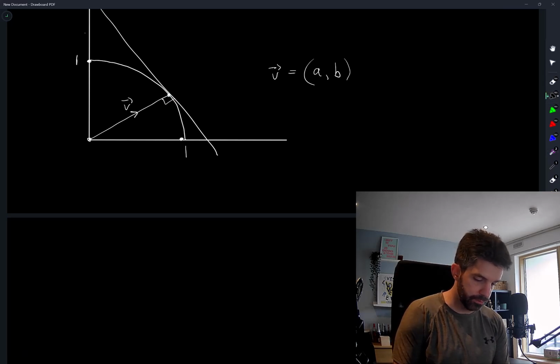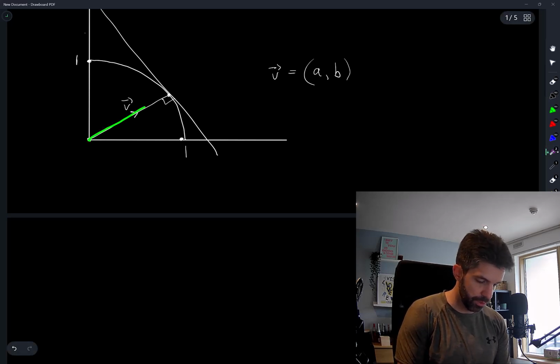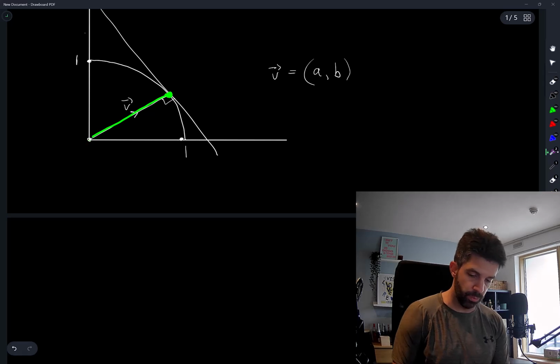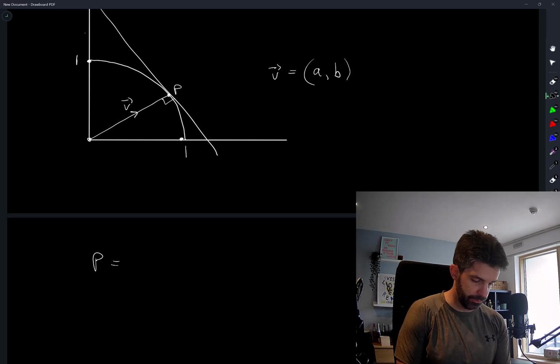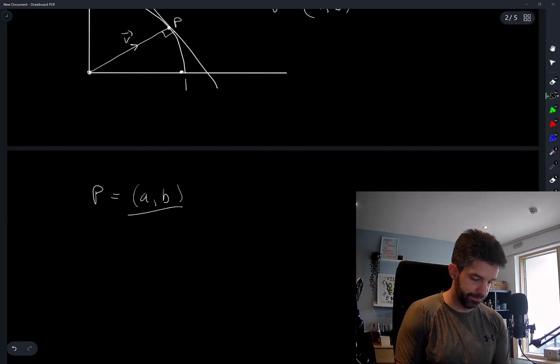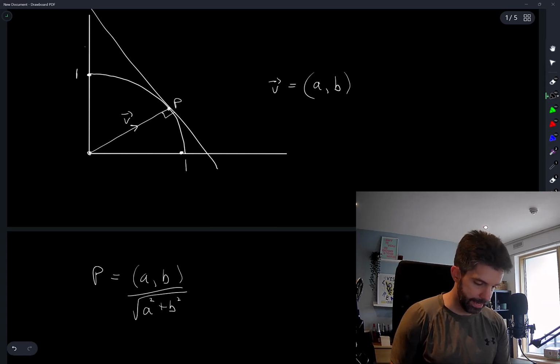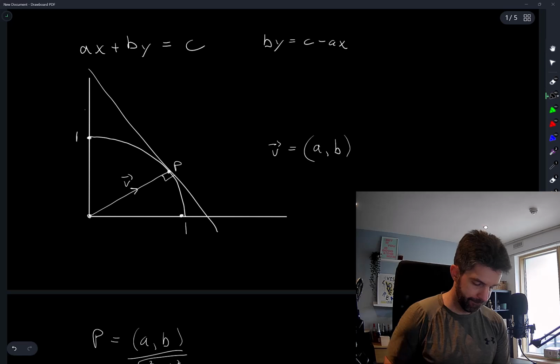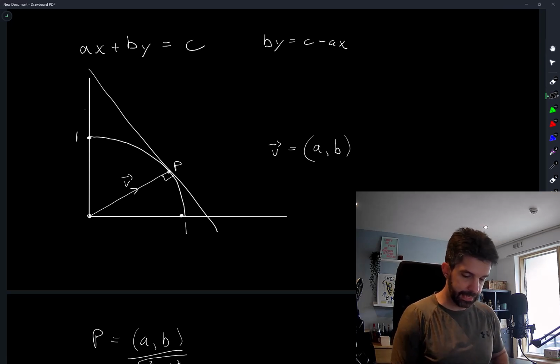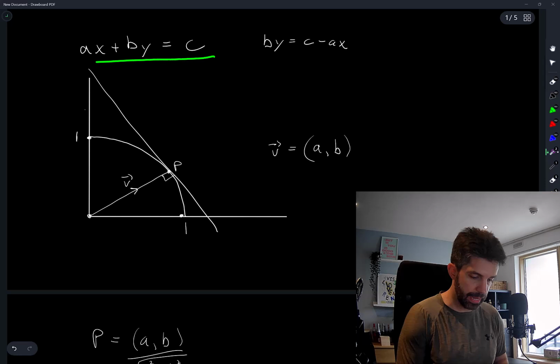Because the vector which goes from the origin to here is of magnitude 1, if we call this point P, then P is equal to (a, b) divided by the square root of a squared plus b squared. Does that help? It gives us one point that's on that line.